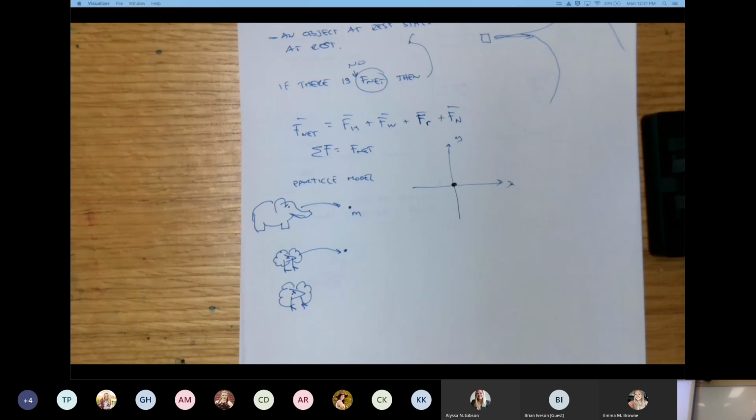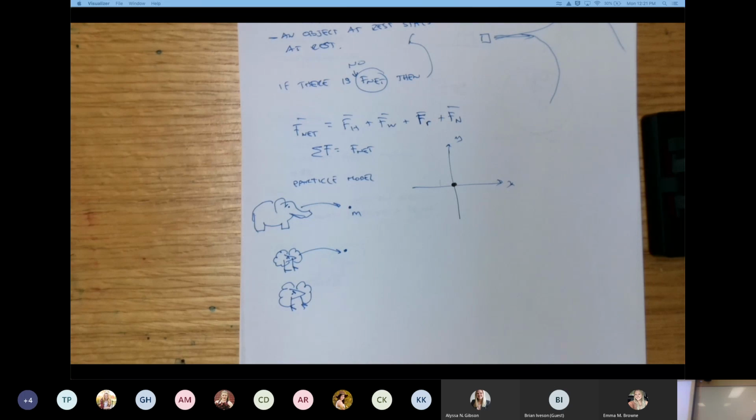Now I'm going to draw the forces that I identified. Remember that I can displace forces anywhere I want in the current system, as long as I don't change the magnitude of the force, and as long as I don't change the direction of the force. So I'm going to assume that the object is the source of all the forces.